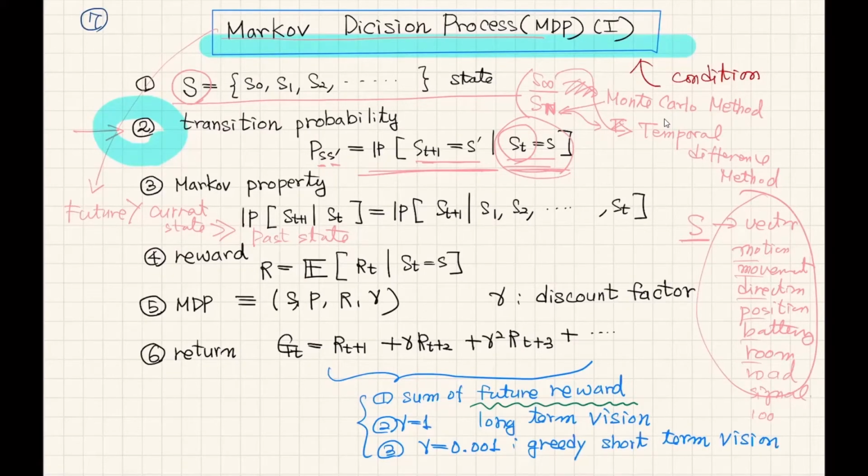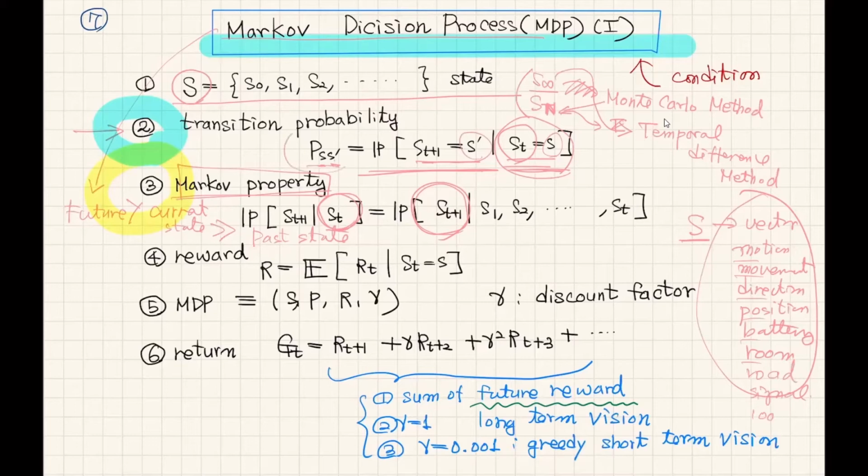So that is called the Markov decision process. Oh, the second, I'm sorry. The probability of the next state is totally determined by the current state. This is the Markov property, and the transition from S to S dash is represented by the probability of S to S dash.